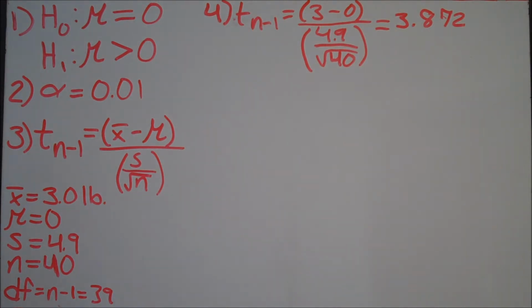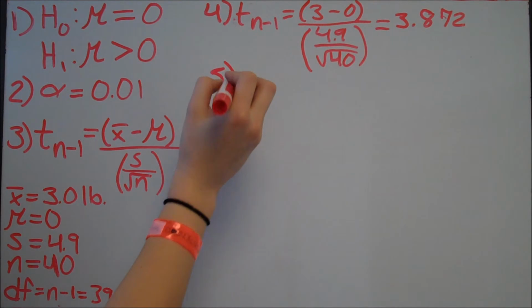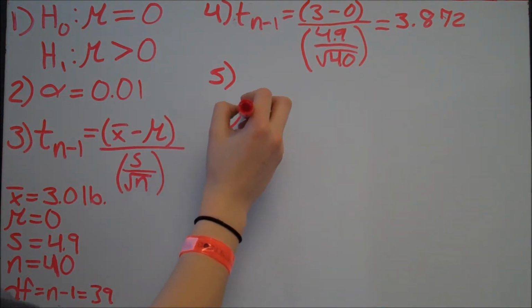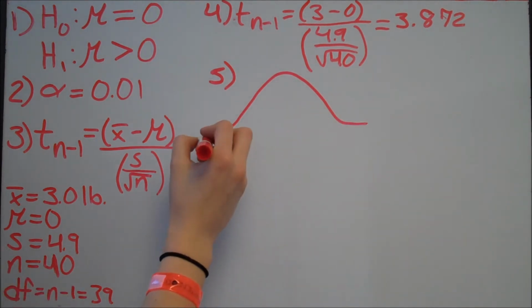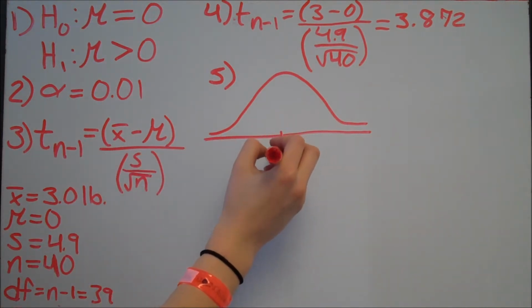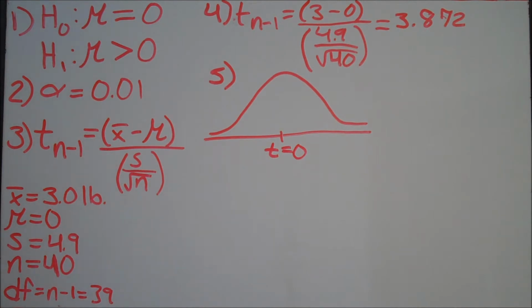Our fifth step is to draw a picture of what this graph should look like. We're going to have a standard normal distribution, so we'll have a bell curve like this. In the middle is our t, which is equal to 0.